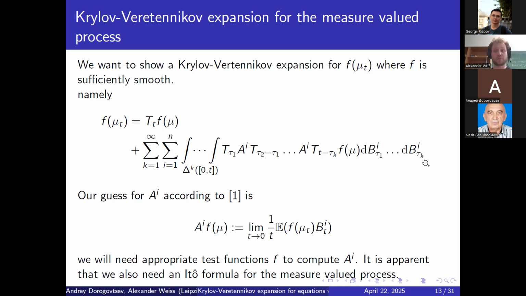And more precisely, what we want to expand is the R-valued random variable f(mu_t), where f is a sufficiently smooth function, which I will later explain what that actually means, but they map from the Wasserstein space into R. And well, we want to have an expansion just like I have written down here without, well, first, we don't know what our operators A should look like, but they should look like something.